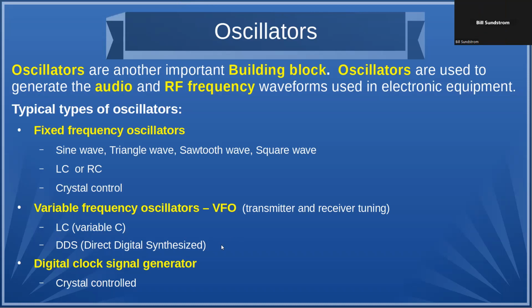In a lot of cases, particularly in SDR or software defined type radios, you will see what we call a direct digital synthesized oscillator, which is based on a fixed crystal oscillator with a feedback loop around it and a variable oscillator, so you can generate variable frequencies with the precision of a crystal oscillator.